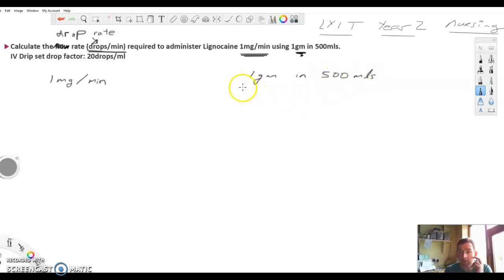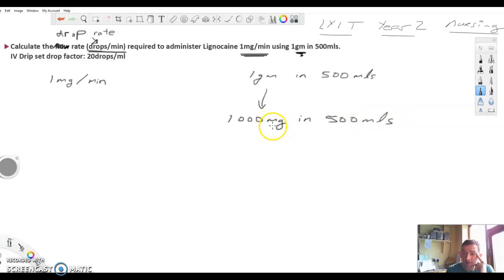Now, 1 gram is the same as 1,000 milligrams. So there's 1,000 milligrams in 500 mils.